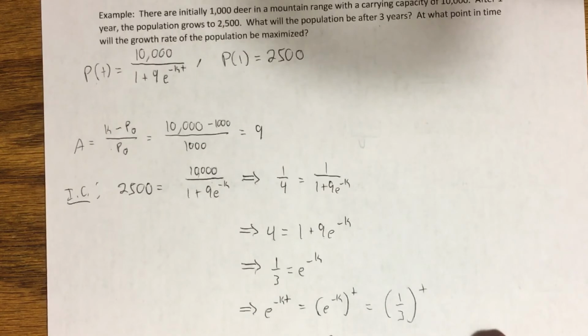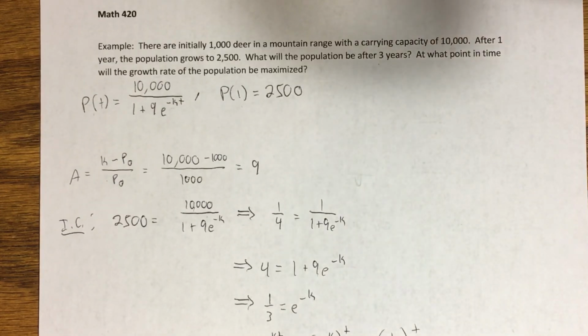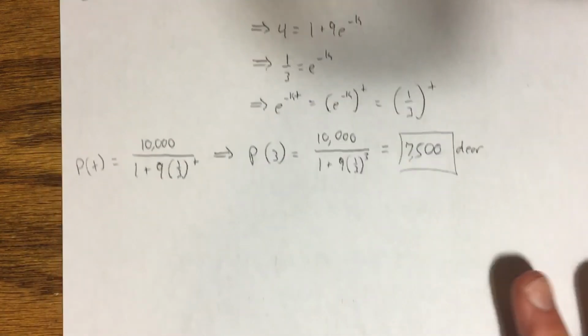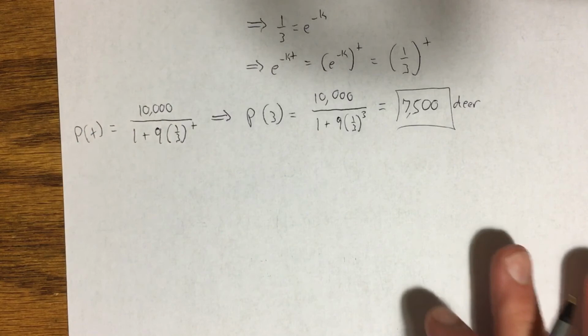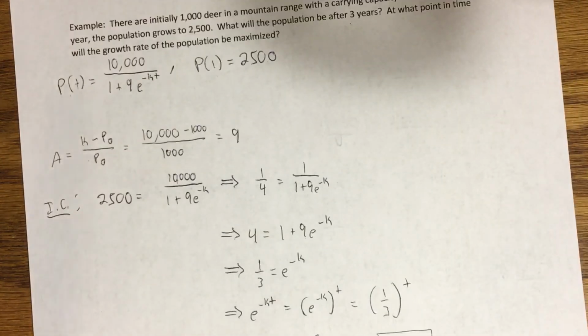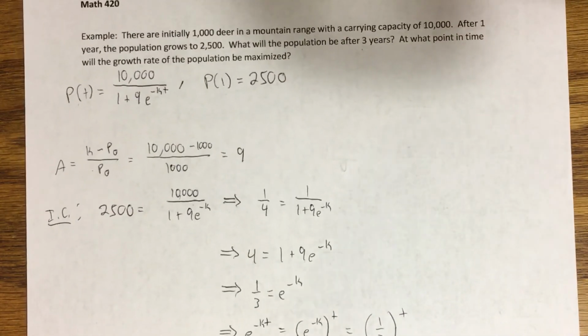What's the other thing that we were asked to find? At what point in time will the growth rate of the population be maximized? Well, we already did the work to determine that the growth rate is maximized when your population is exactly half of your carrying capacity. So if our carrying capacity is 10,000, then what we're looking at is a population of 5,000. But at what point in time does that occur? Let's make a guess, and then let's see if our guess is correct.